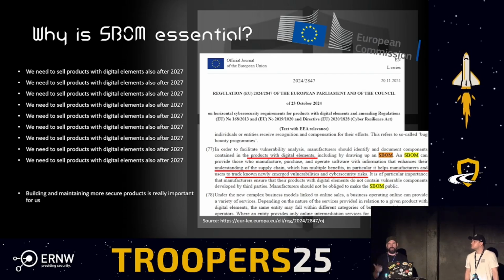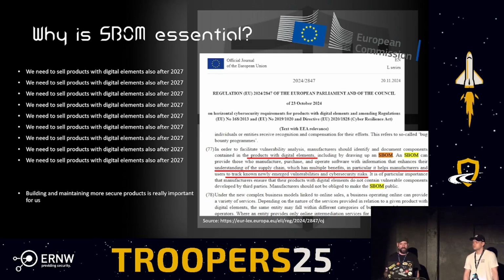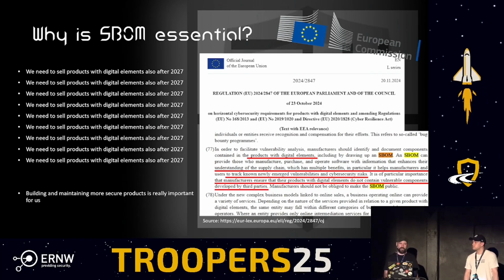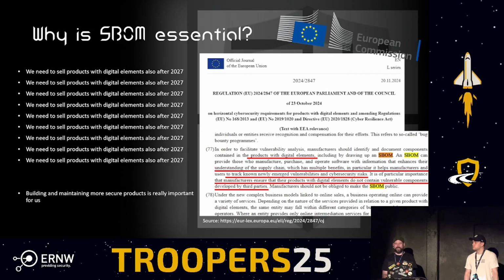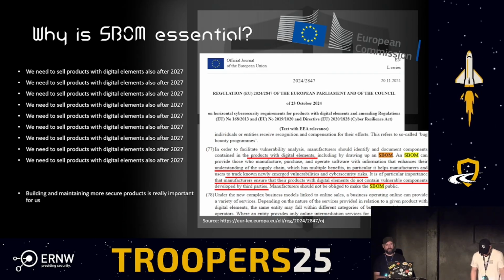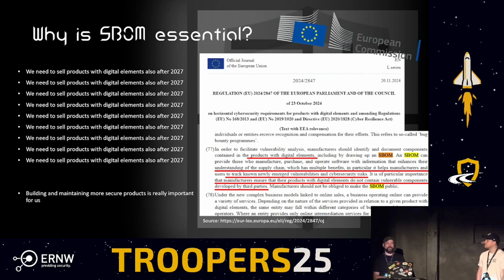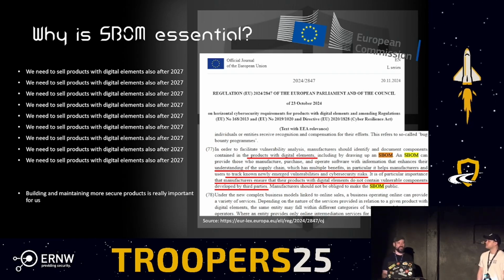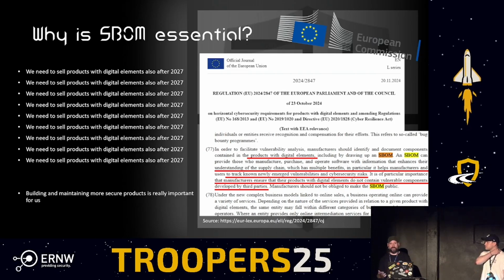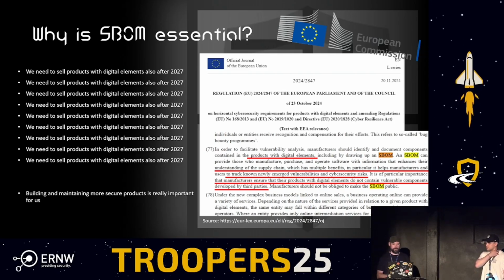We now know which components are used. We are able to identify known vulnerabilities. We are now able to remediate these known vulnerabilities, and so on and so on. And one little thing that is also quite interesting is that products with digital elements, vendors are not allowed to bring these products on market with known vulnerabilities. And how to check this? Once again, with SBOMs.